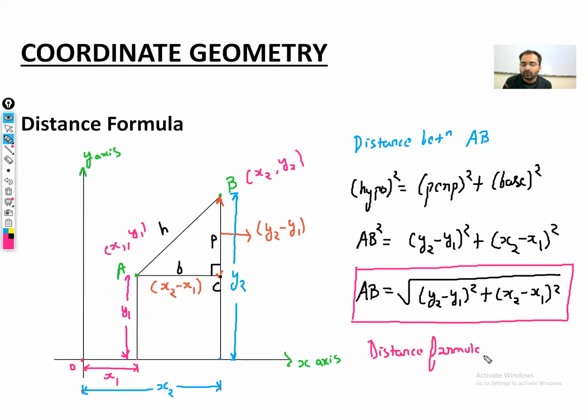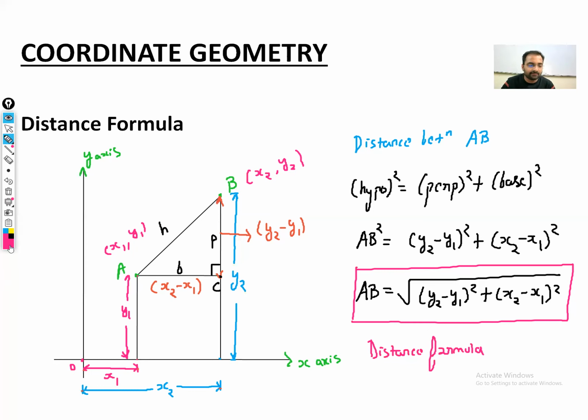Now, if you want to calculate the distance between any two points in a Cartesian plane, you take any two points anywhere you want, and you can easily apply this formula, which is known as the distance formula.